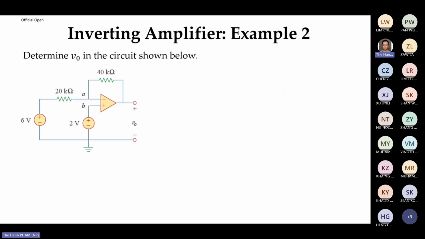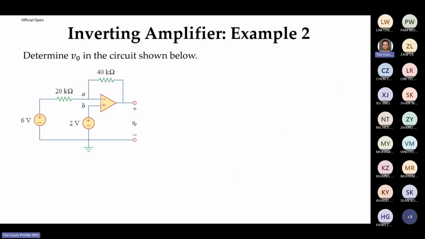Now let's take a look at the second example. This one is just to highlight to you that you cannot apply formula all the time.